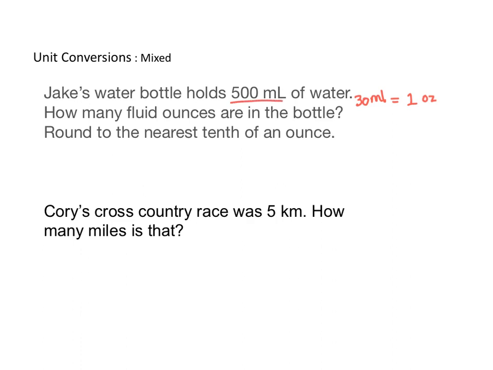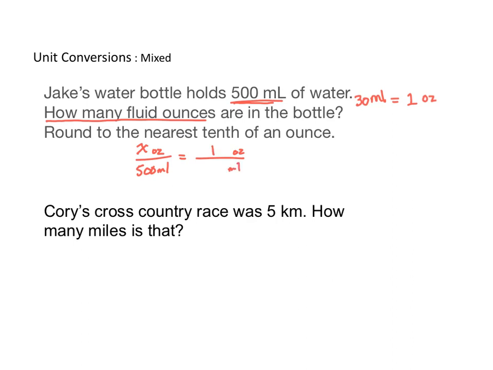So now you can write your proportion any way you want. Some people like the unknown, the x, to be in the numerator, which is fine. So if it says how many fluid ounces, you know, you're going to have x ounces. And you're getting those x ounces from this 500 milliliters. So compare that to 500 milliliters. Which means over here on the other side, we're going to put ounces on top and milliliters on the bottom.